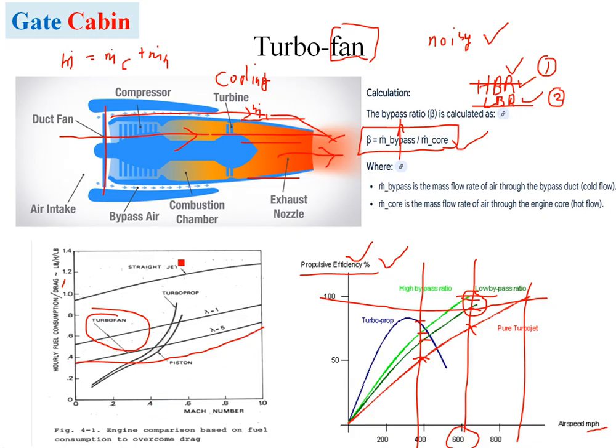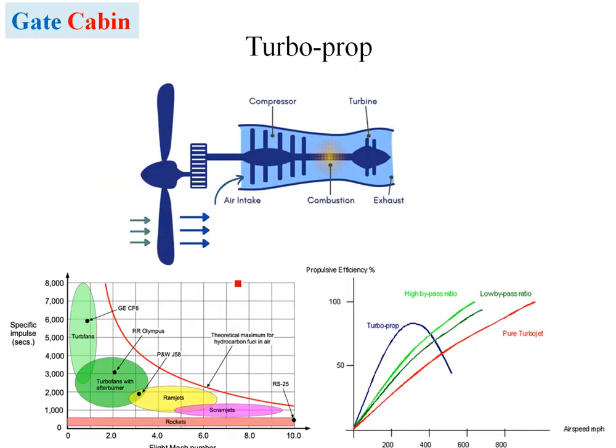So this makes the turbofan engine the optimal choice if we want to reduce fuel consumption, but also have a certain speed and reach a certain altitude. So this is the second engine, the turbojet engine and turbofan engine. I hope everyone understood the difference.